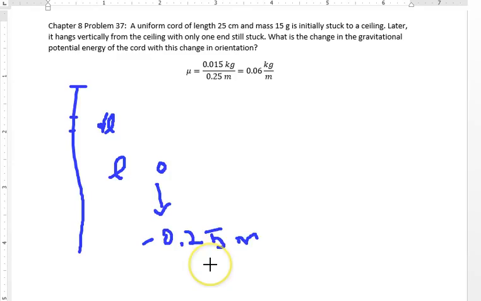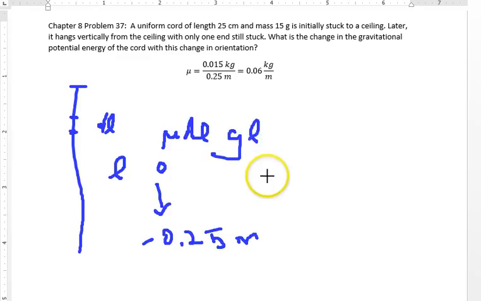Then what is the potential energy of this little segment dl? Well, what's its mass? Its mass is mu dl. So that's the mass. Put in gravity and put in L. Does that make sense?